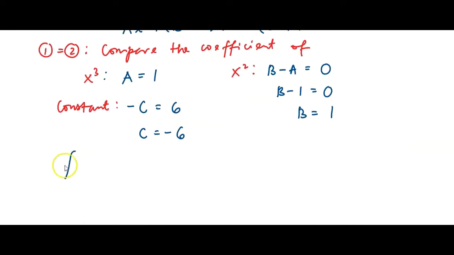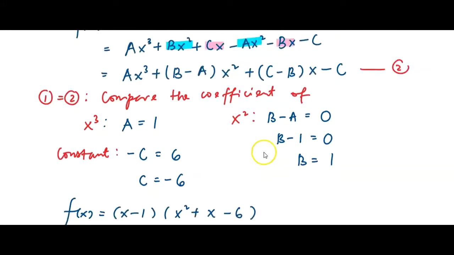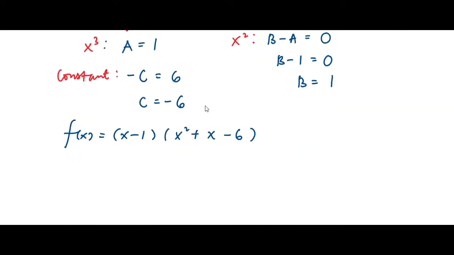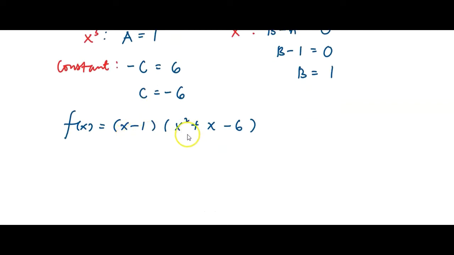So now you can write your cubic expression in this form, where a will be 1, so you got x squared. b will be 1, so 1 multiplied by x, and the constant will be negative 6. Meaning that the cubic expression given by the question is the same as x minus 1 multiplied by x squared plus x minus 6.